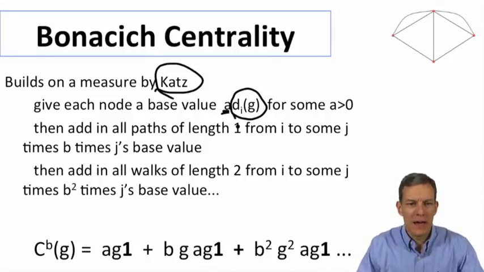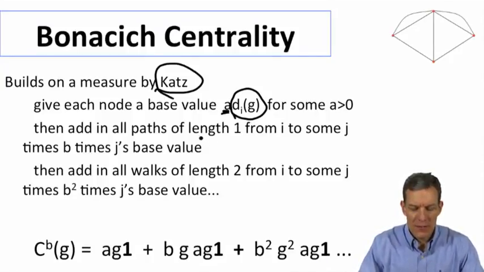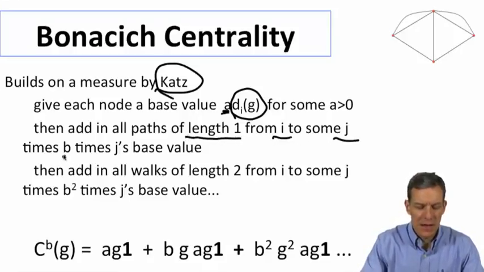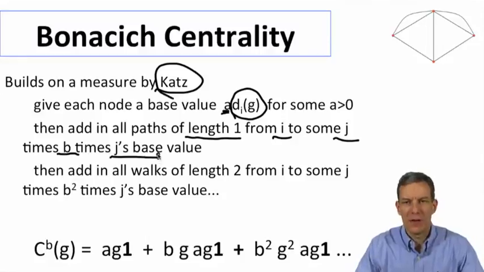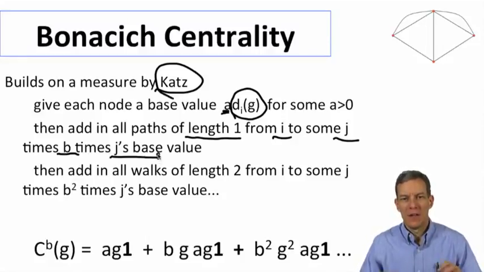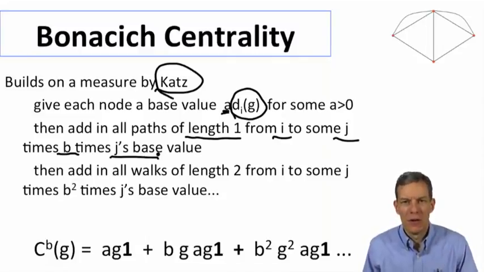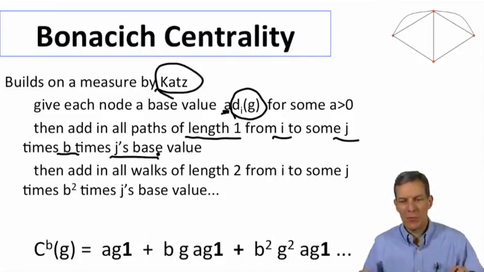And now you add in all paths of length 1 from i to some j times b times j's base value. So I get some fraction of my neighbor's value. So let's say that b is a third. So now I've got a base value, plus I add in 1/3 times my friends' base values.